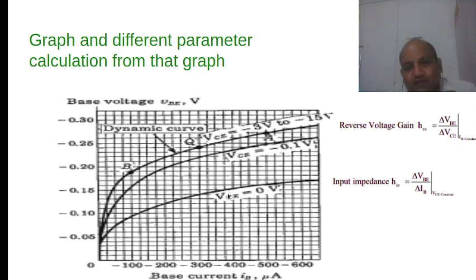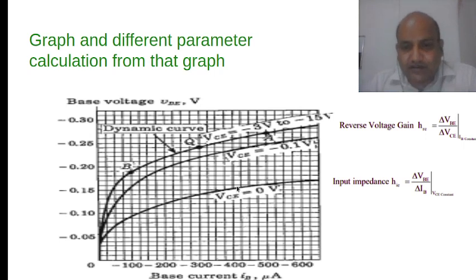When the output voltage changes, the slope of this curve is different, the slope of this curve is different. So you will get different input impedance corresponding to your output biasing voltage, which is the drop across VCE.